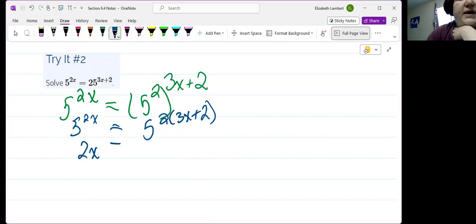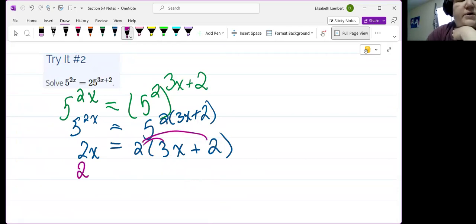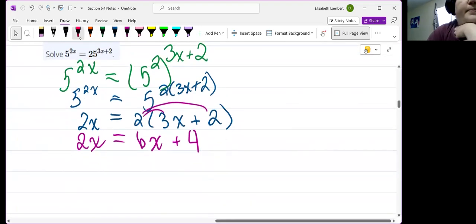So we have 2x equals 2 times 3x plus 2. All right, we've got to distribute over here. So still a 2x. This is now 6x plus 4. You know what?